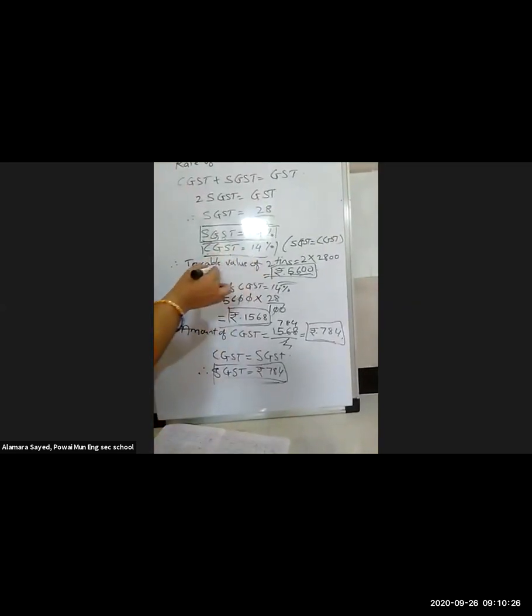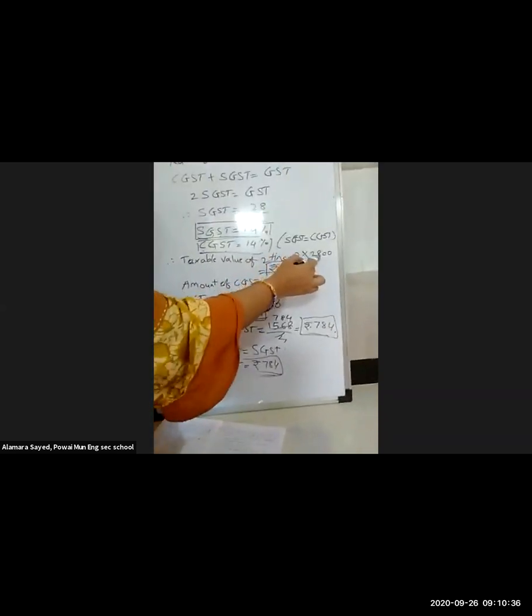Now we have to find taxable value. Here value of 1 tin is given. So now we have to find the value of 2 tins, that is taxable value of 2 tins is equal to 2 into 2,800. So the value will be rupees 5,600. So now amount of CGST is 14%, as we know.